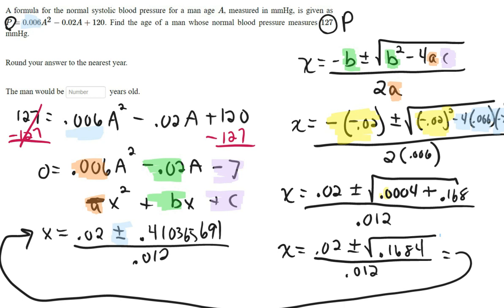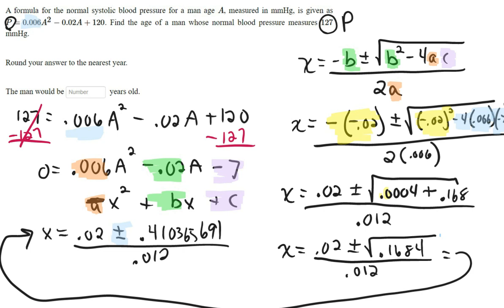It's either 0.02 plus that 0.4 obnoxious number and then divided by 0.012, or 0.02 minus that 0.4 obnoxious number and then divided by 0.012. The problem with the minus is when you take 0.02 minus 0.4, you get a negative number. And then the negative number divided by a positive 0.012 is still a negative number.